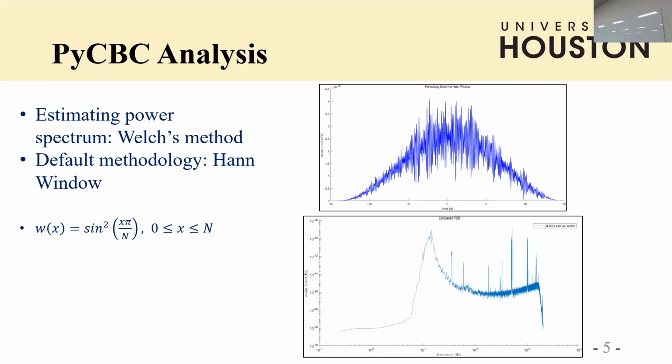I don't know the exact number, but it's from 0 to N of each segment. I'm going to guess that's 32 divided by 8, that's 4 seconds, times 2048 hertz. So that's about 8,000 or so points of data. So 0 to N is 0 to 8,000.